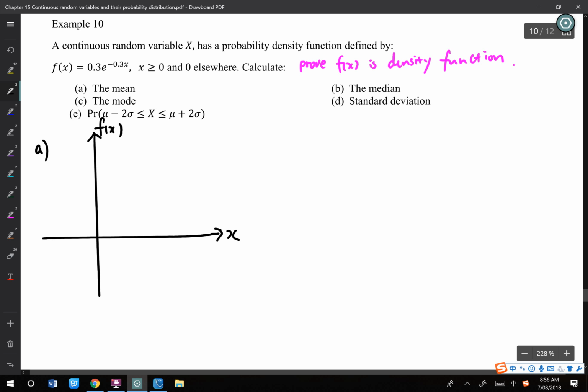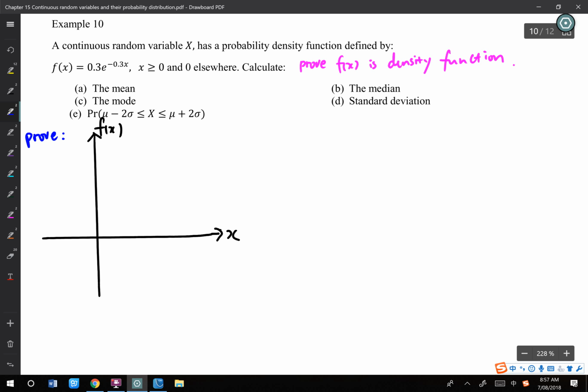I don't say that's A. Let's just prove that. Okay, what's the starting point? When x equals 0, y equals what? 0.3. So when x equals 0, e to the power of 0 is 1.